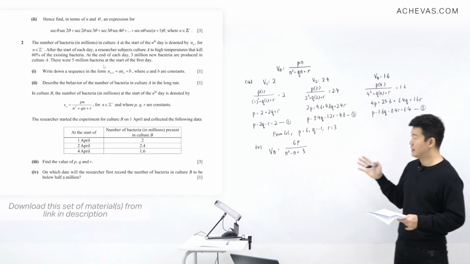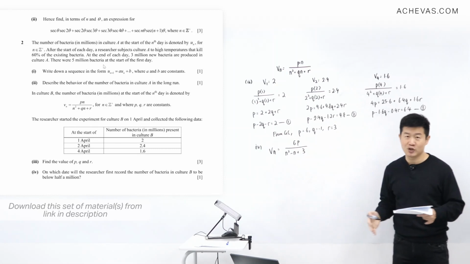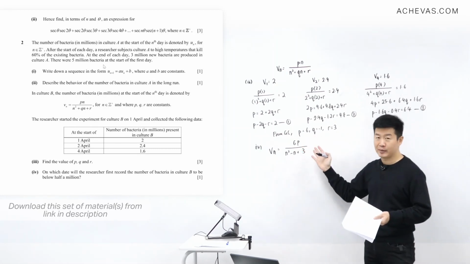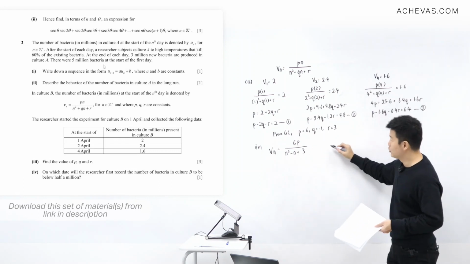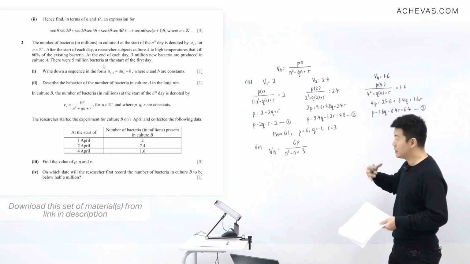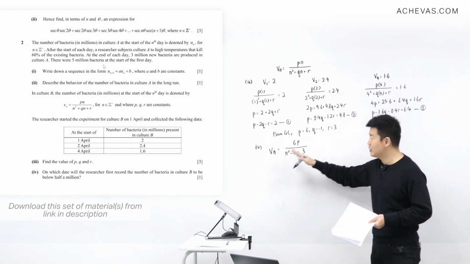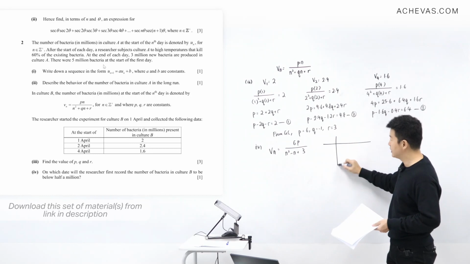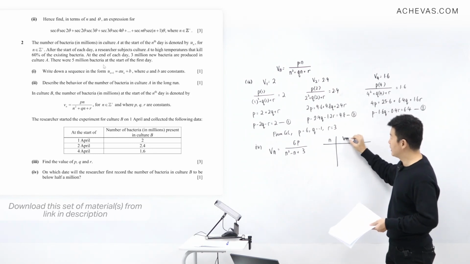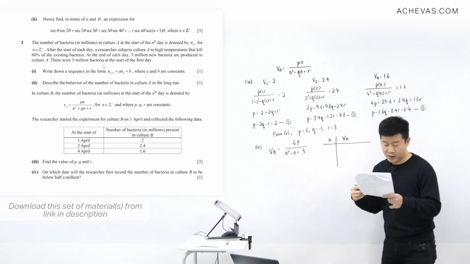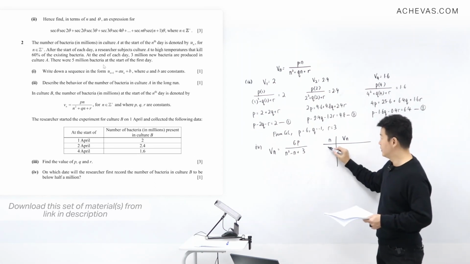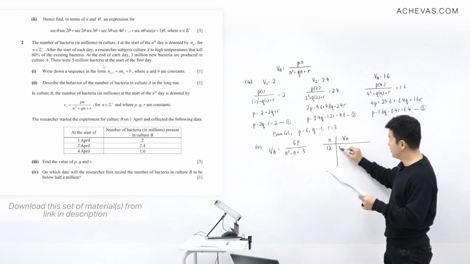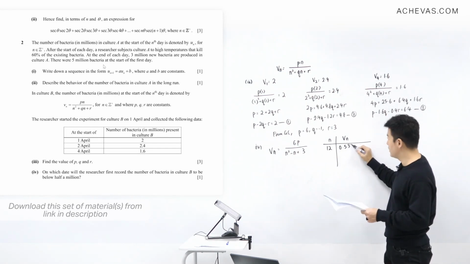And in order for me to analyze which day this entire thing is going to fall below 0.5, I'm going to press this into my calculator and generate a table, letting the calculator substitute different values of n into this expression. When I look at n and Vn, when my calculator substitutes 12, the 12th day, Vn gives me 0.5333.